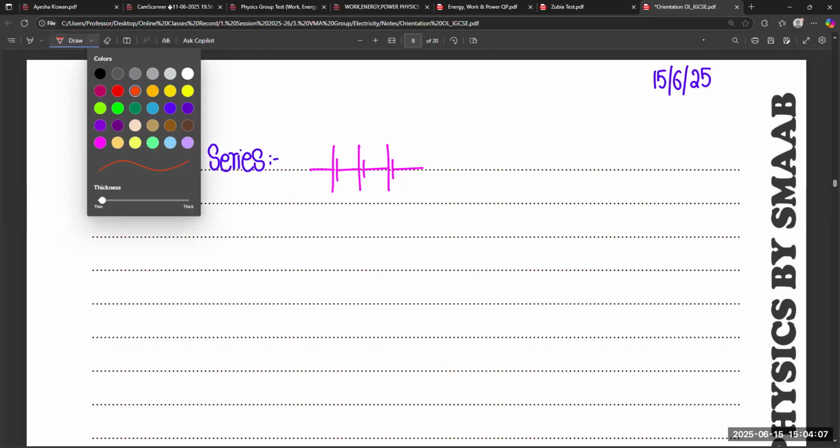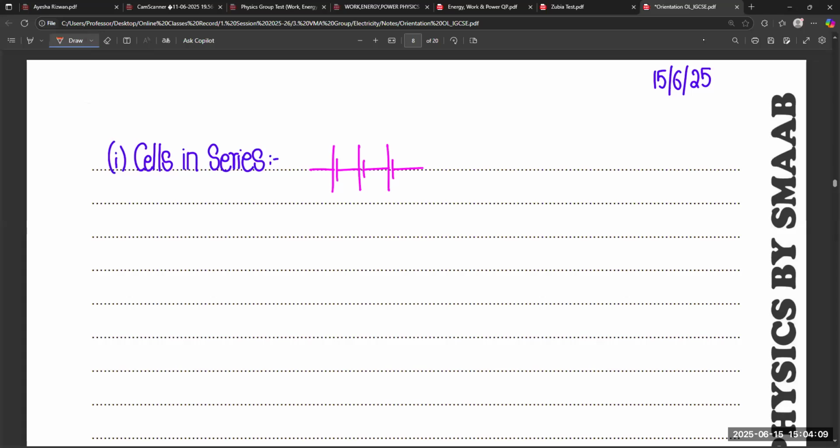So basically, what is the advantage of using cells in series combination? The advantage of using cells in series combination is that you will get the sum of all the EMFs of the cells connected in series combination.